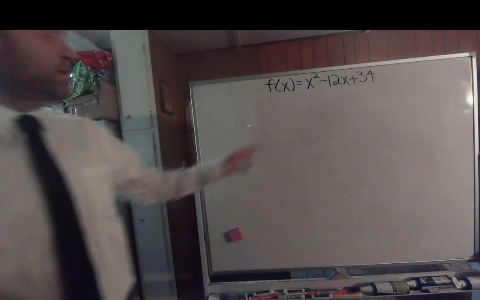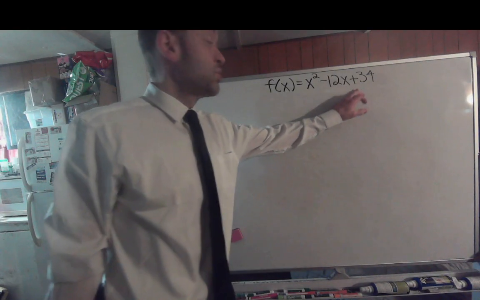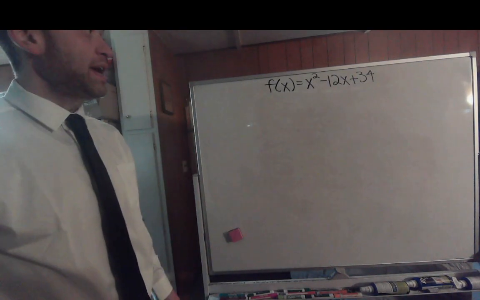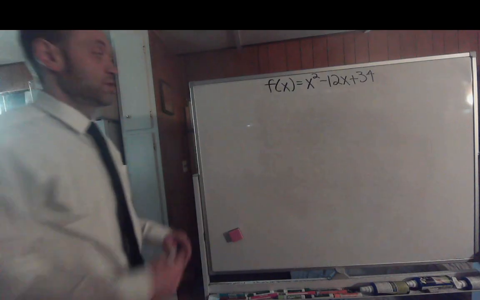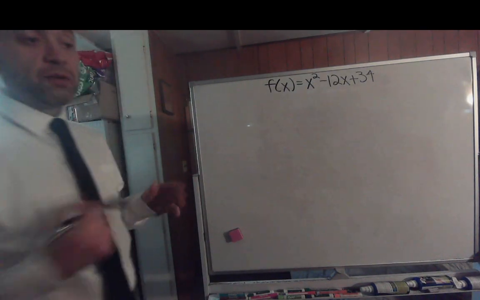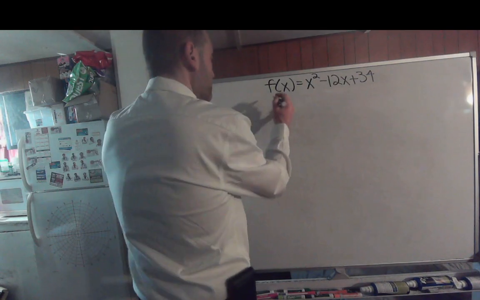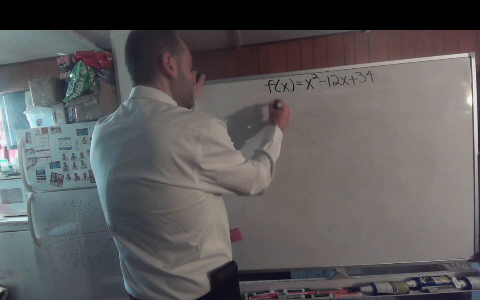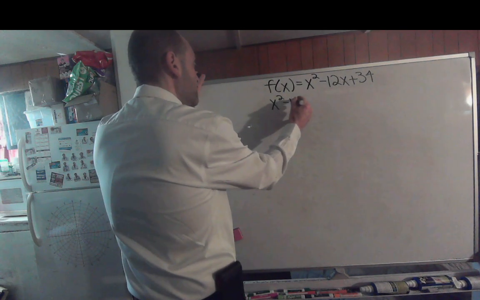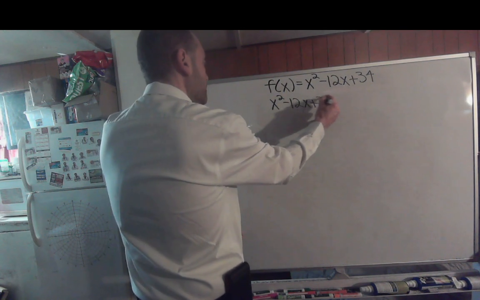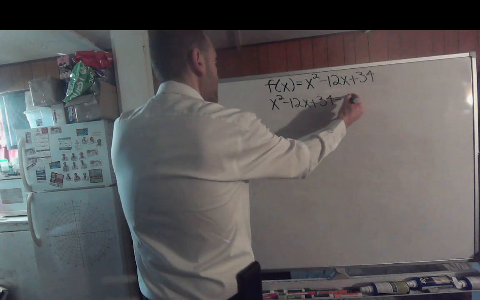Again, very clearly not going to factor, but I would say we can complete the square. So let's take x squared minus 12x plus 34, set that equal to 0.